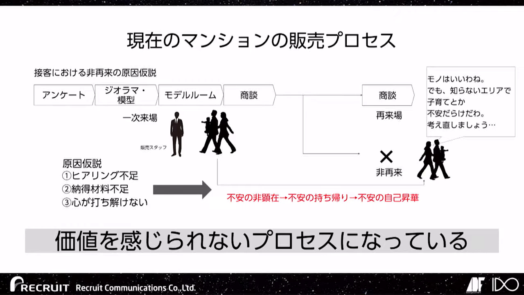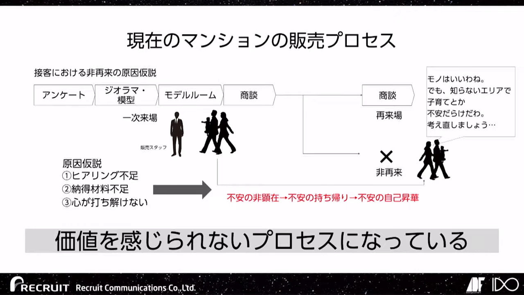For example, currently the process to sell this condo is like this. First of all, there is a gallery for the rooms, and the customer comes to those exhibitions or galleries. And so there are surveys, and they answer the survey. And they're going to see the model, and there are also the model rooms. And so they can take a look at it.